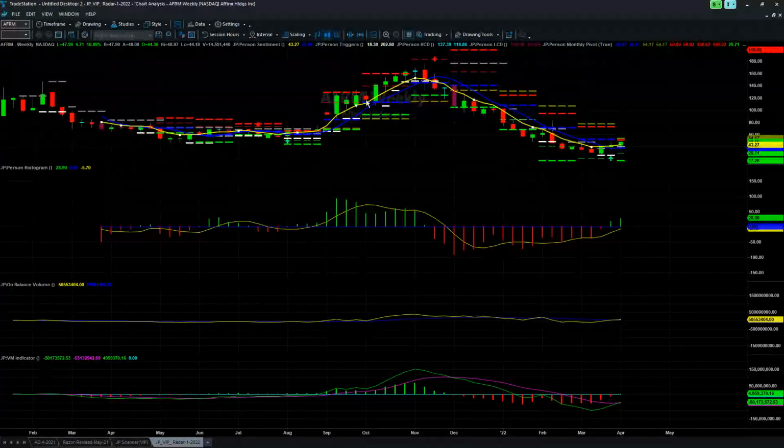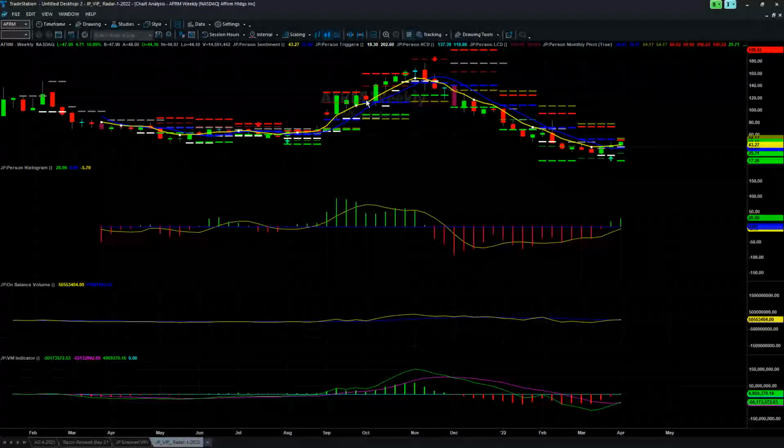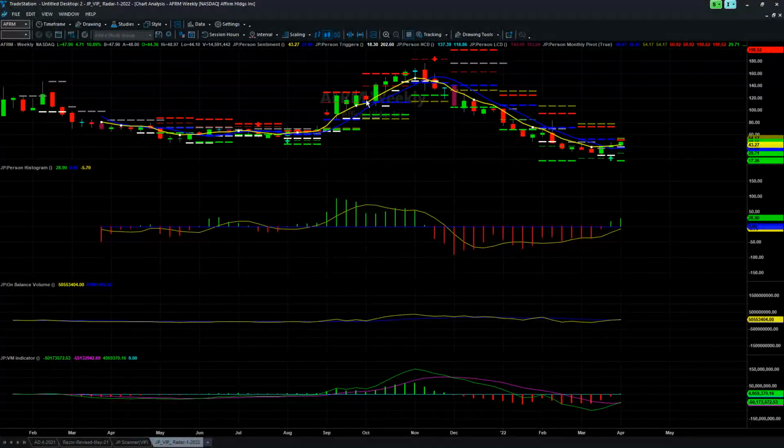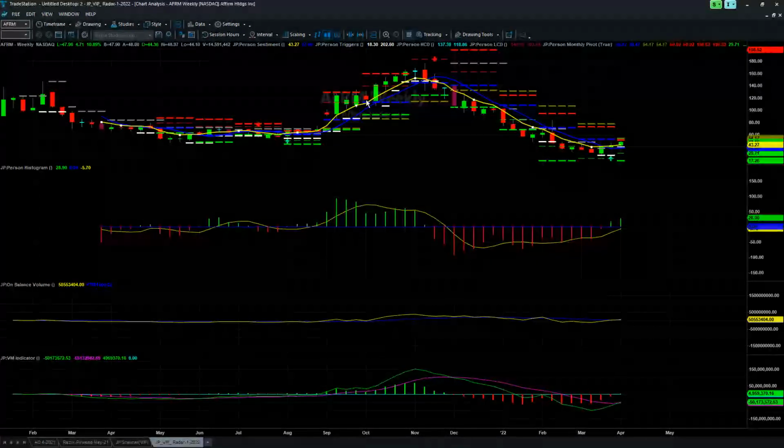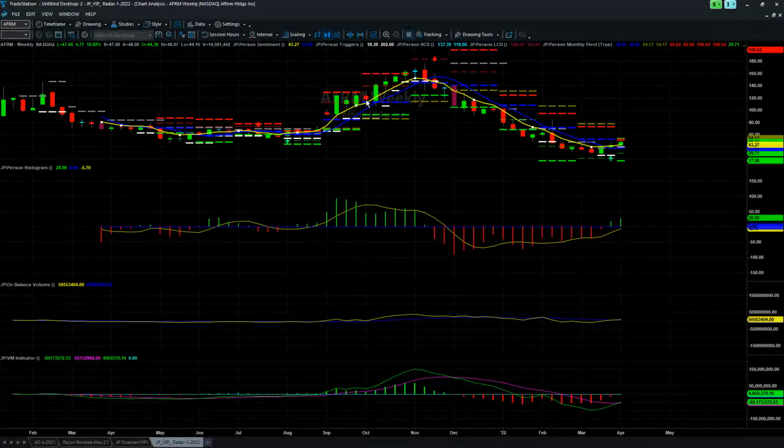I call it assumption analysis: assuming all things remain the same and the market stays right here and closes, we can calculate what the next time frame pivots are, all things being equal. I'll share that with you on Thinkorswim right now, and we'll get back to this chart.